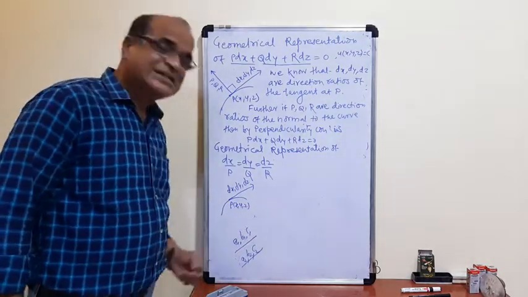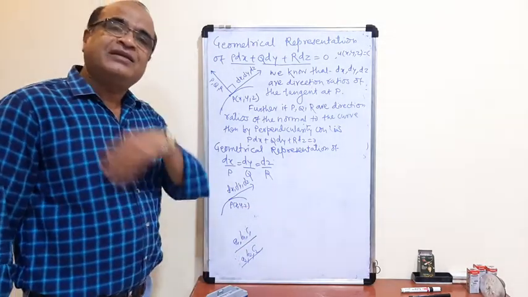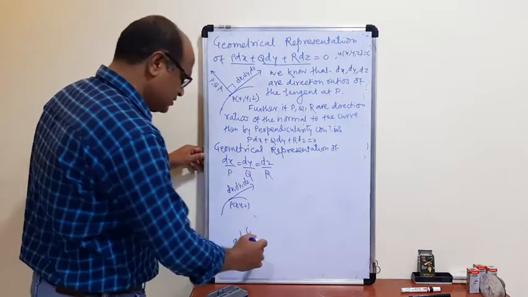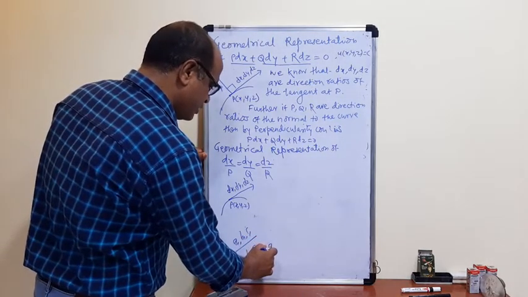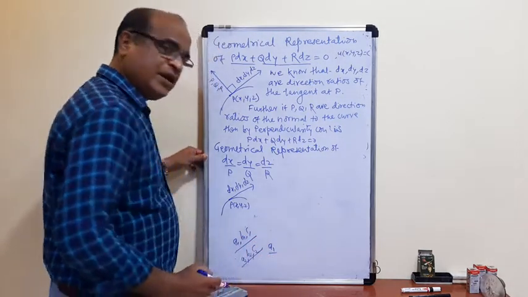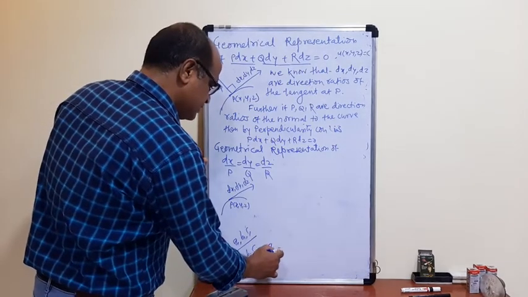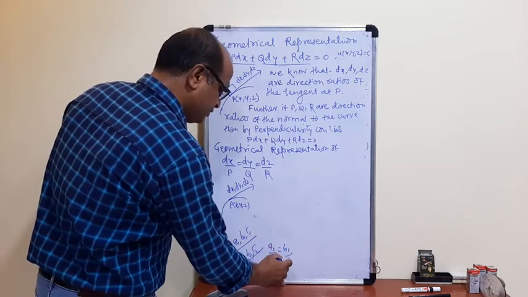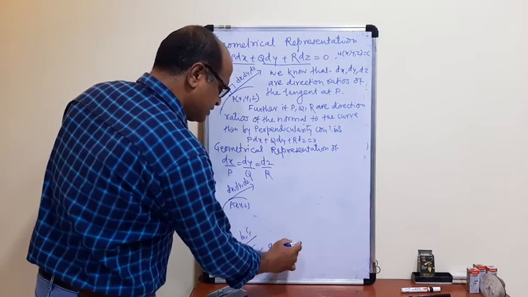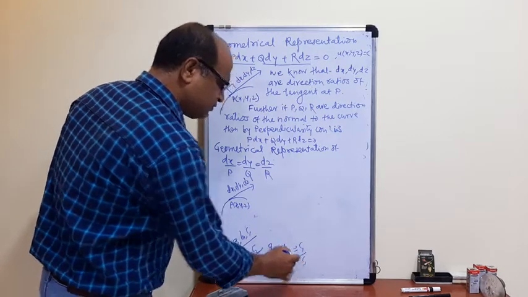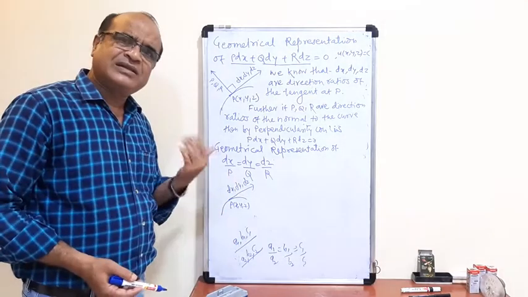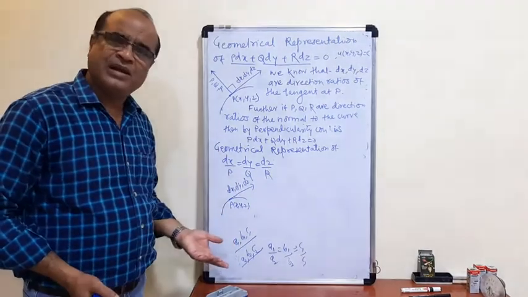If two lines are parallel, then what is the condition of parallelism? That is A1 upon A2 equals B1 upon B2 equals C1 upon C2. We study this in the 12th standard, so this is very simple.